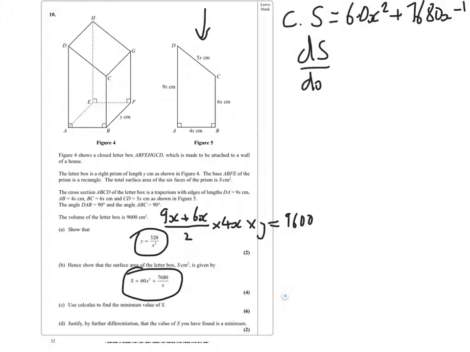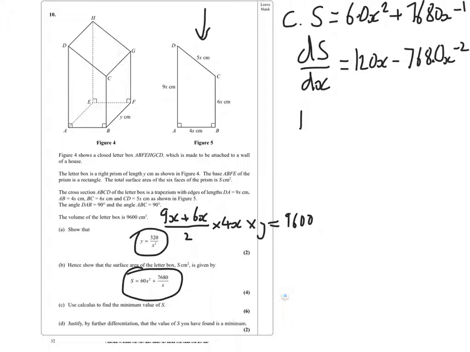I need a gradient function, and that's going to give me 120x minus 7680 x to the minus 2. Now there we go, and we're going to make that equal to 0. That will give me the point of the minimum.